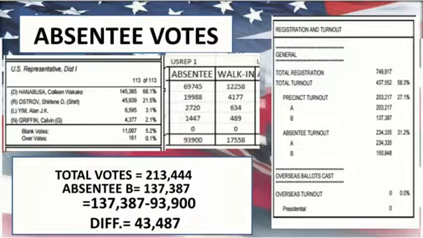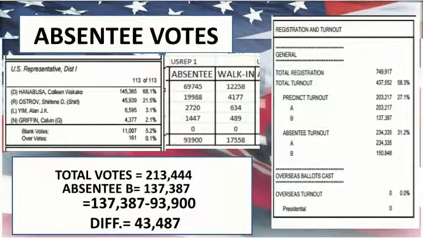There's approximately 257 precincts, and I added up all those numbers. They came out to 93,900 votes for the absentee votes. Now, that is a huge difference of 43,487 in the absentee votes based on what is presented here. They're saying 137,000 absentee votes, okay? But I only counted 93,000. That's a difference of 43,000.